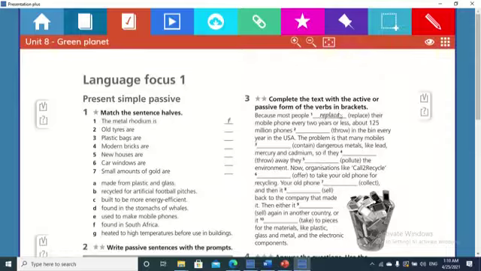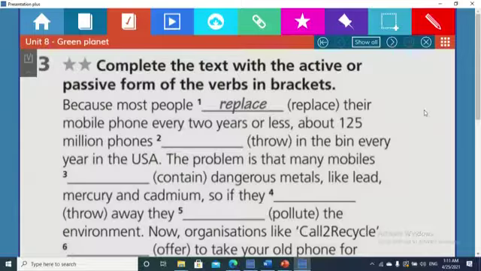This is present simple and present simple passive, like in number 2. Look at number 2. Are thrown. Here's a present simple of be, then we have verb 3. Why do you have the passive here? Because we are talking about the object, which are phones. Here, people, subject, phones, object.